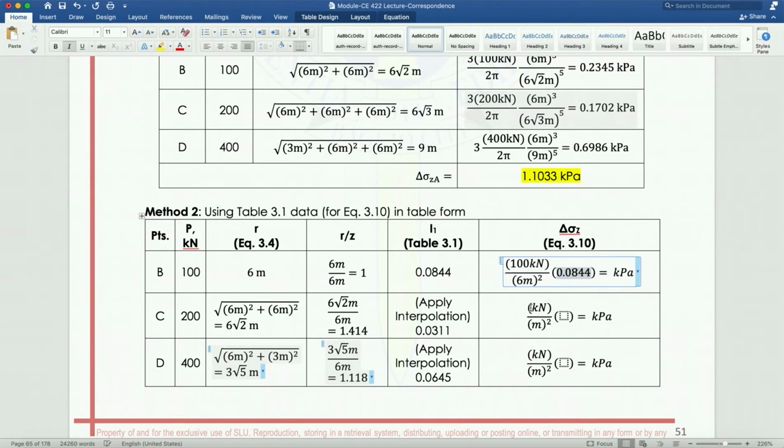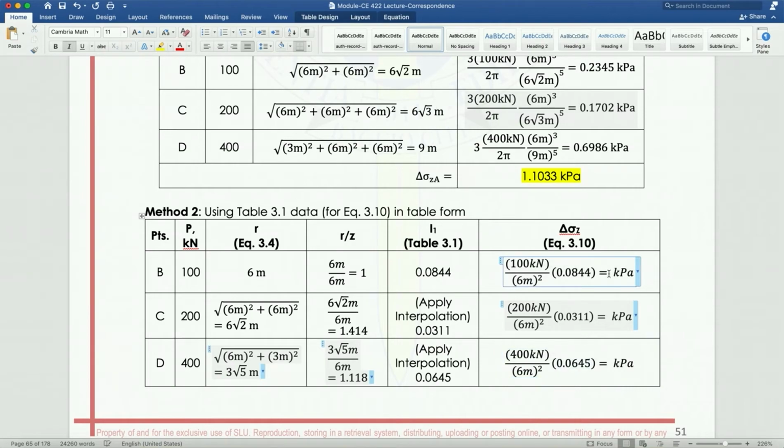0.0844. Next, we have here P is equivalent to 200 divided by 6 squared times 0.0311, and lastly we have 400 divided by 6 squared times 0.0645.